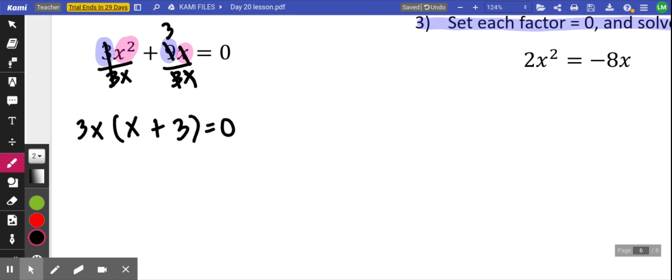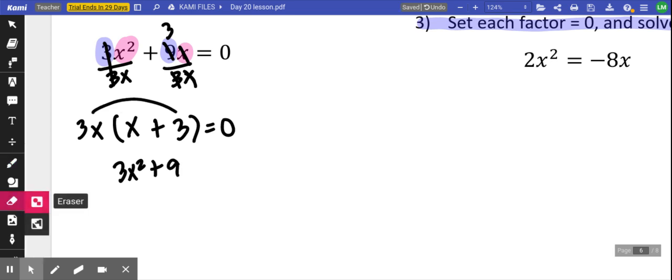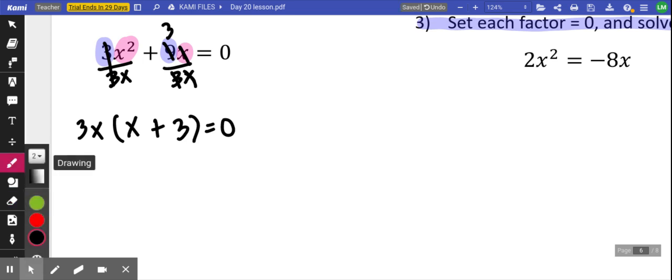All right. Now, you can double check your work. Again, if we multiply this back in, 3x times x is 3x squared, plus 3x times 3 is 9x. Hey, we get that original thing, right? So it's good to double check our work, but we want it actually in factored form, okay? Again, factored means multiplication. I've turned that whole thing into 3x times x plus 3, okay?